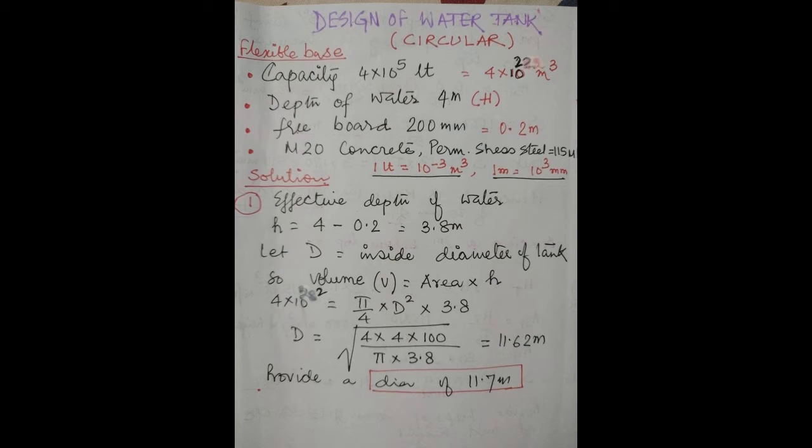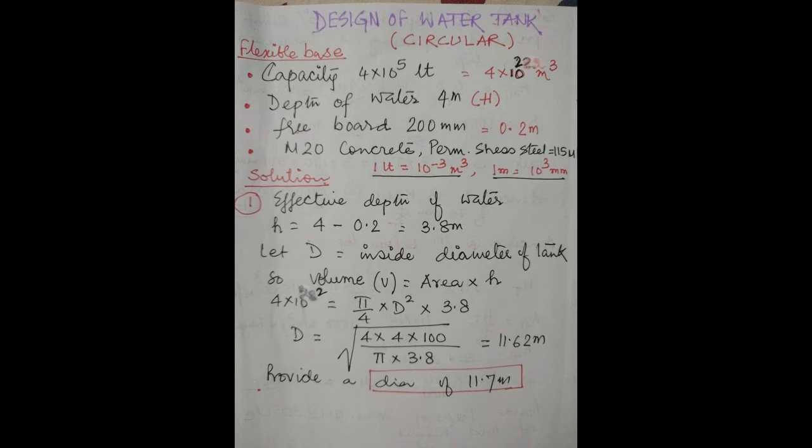Now before starting the problem, you should know some basic conversions: 1 liter is equal to 10 to the power minus 3 meter cube, and 1 meter is equal to 10 cube millimeter. So the capacity is given as 4 into 10 to the power 5 liter.